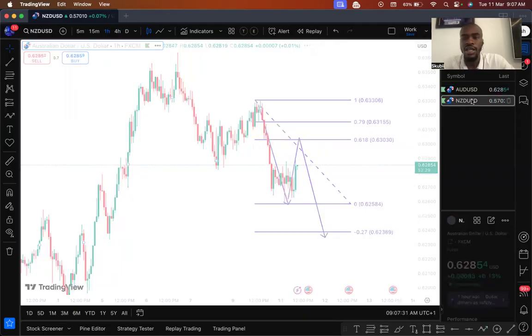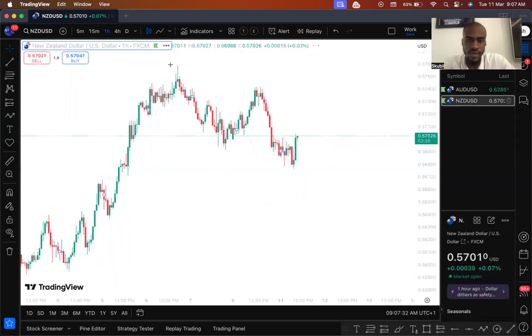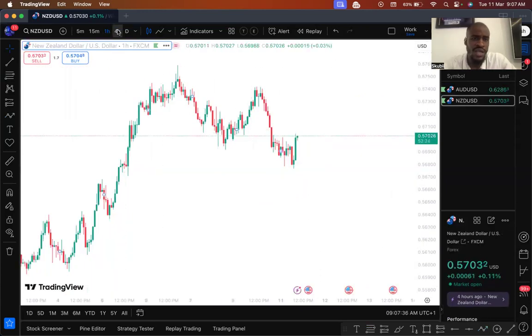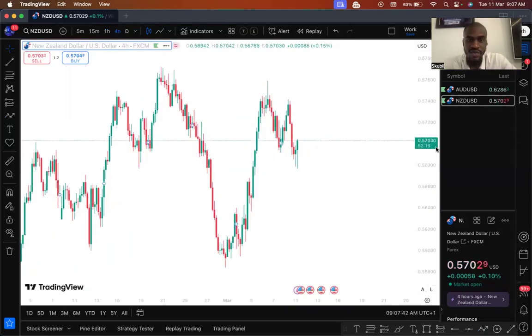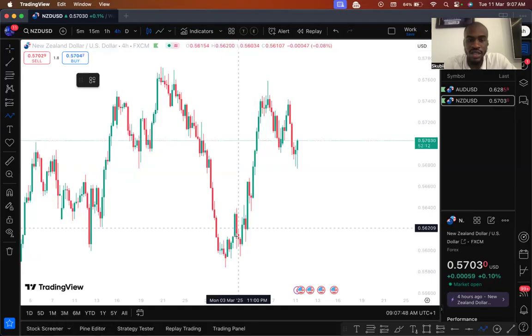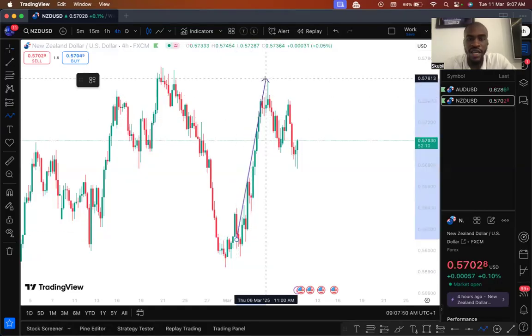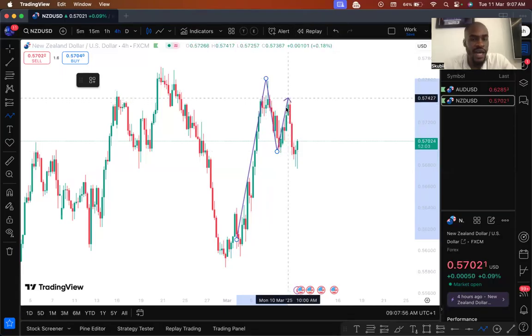Then let's look at NZDUSD. NZDUSD too is quite similar, but before we conclude, we still have to look at the 4-hour time frame. What is this one doing? Almost the same thing. At the top there, NZDUSD did the same thing of price creating this high, low, and failure to create another higher high.